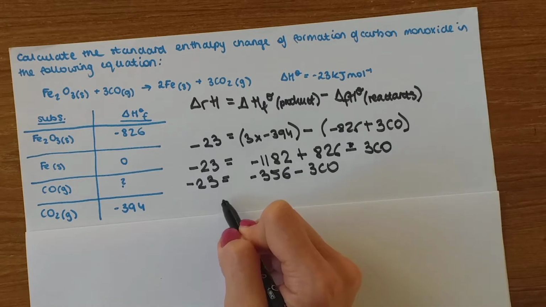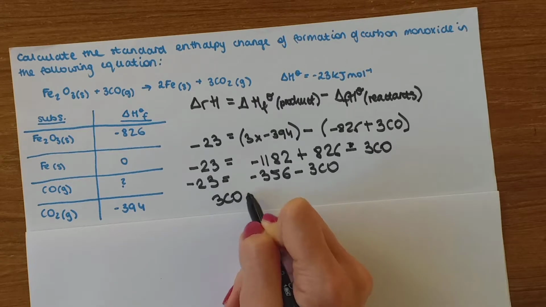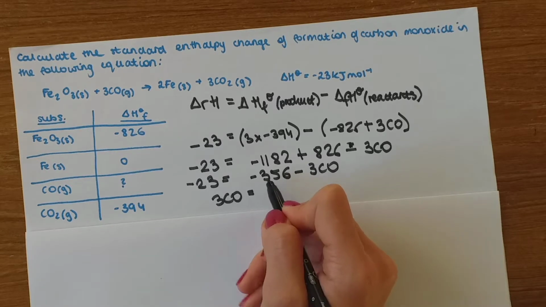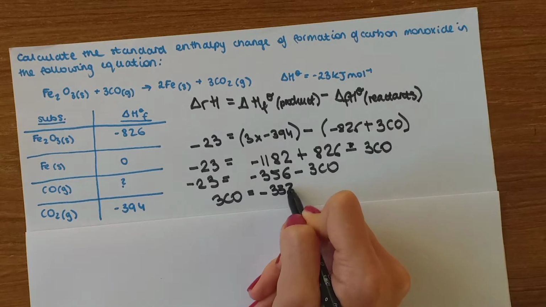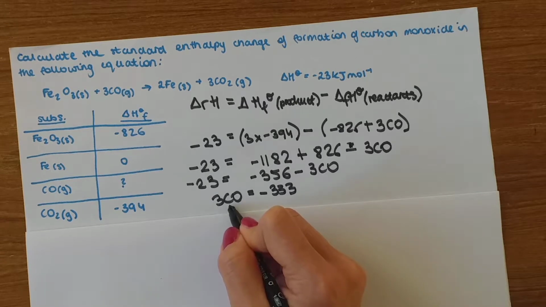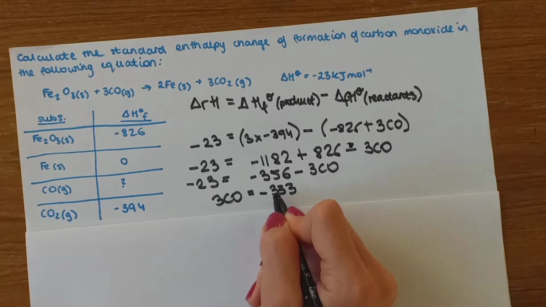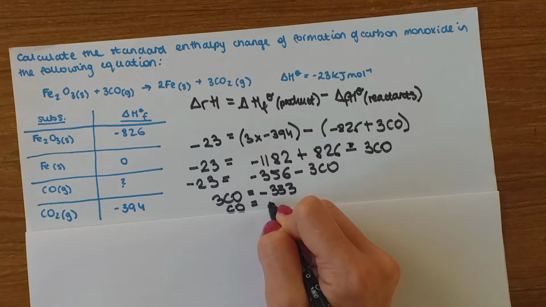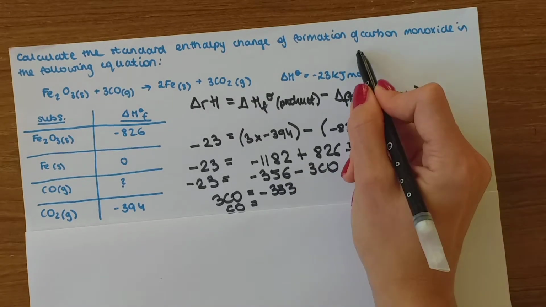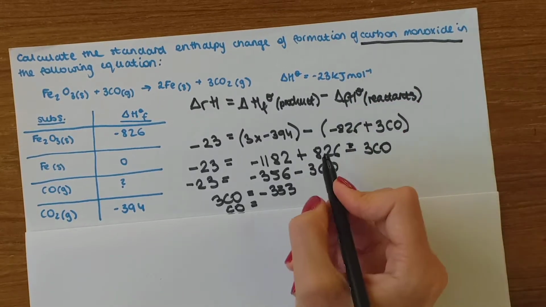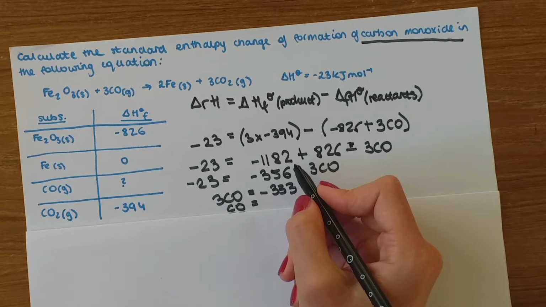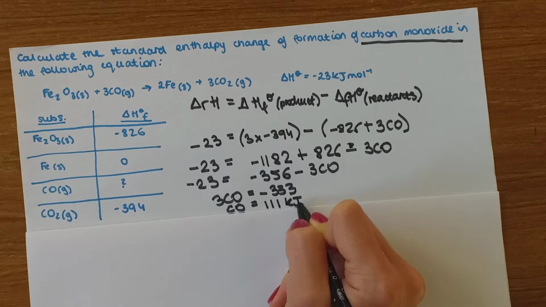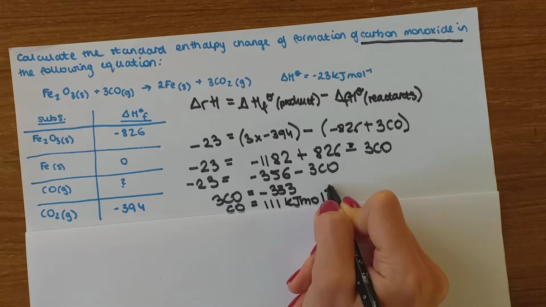When we take this over for it to be positive 3 carbon monoxides, we add it, which gives us minus 333. And then we're just going to take this 3 over to this side, divided by 3, to get the standard enthalpy change of 1 carbon monoxide, because this is what the question asks us to do: find the enthalpy change of formation of carbon monoxide, 1 mole of carbon monoxide. And this is minus 111 kilojoules mole minus 1.